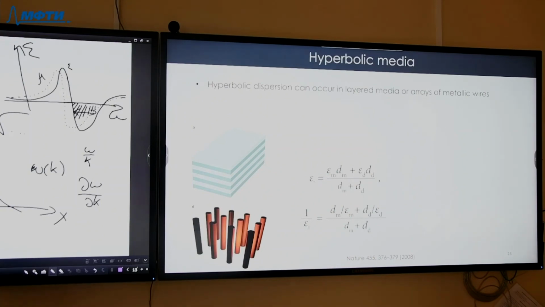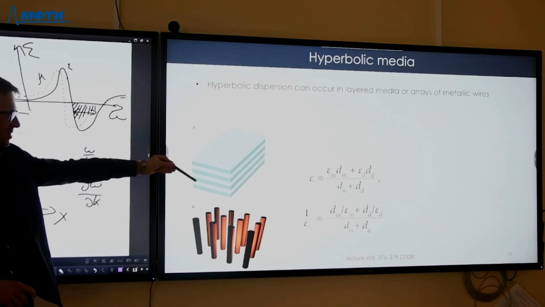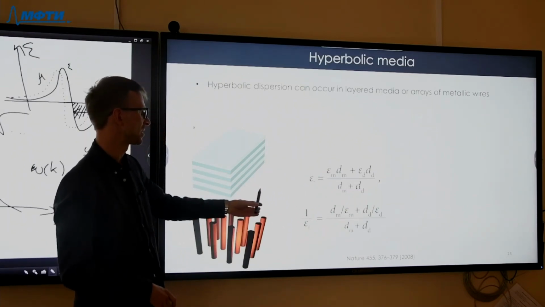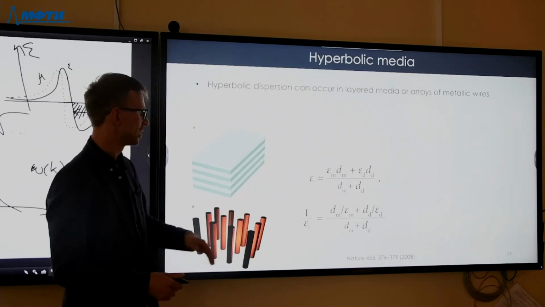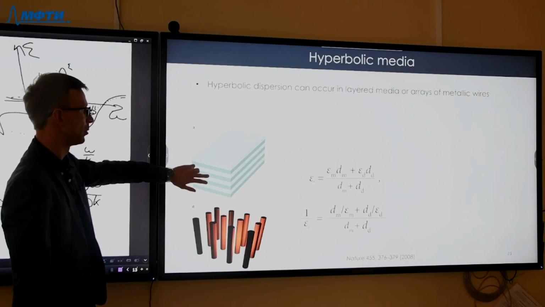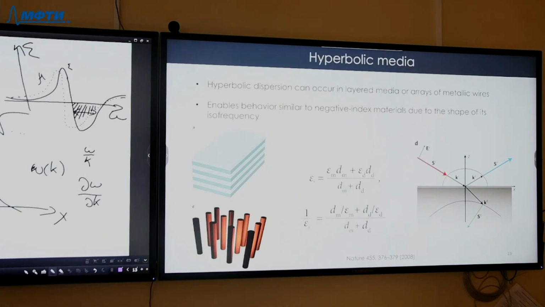If we have alternating dielectric and metallic inclusions, one can see that at a certain filling factor of the metallic component, one of the permittivities turns negative, and this gives you a hyperbolic dispersion. This enables hyperbolic isofrequencies in artificial structures, and all these exotic effects associated with hyperbolic dispersion, such as large wave vectors, negative refraction, and so on and so forth.